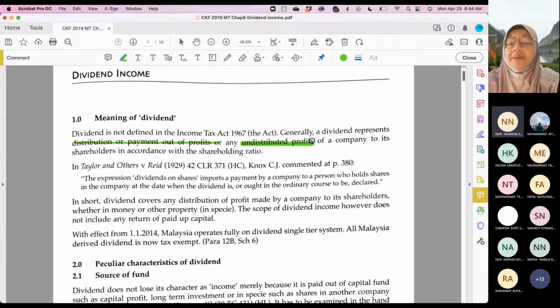Every year the company has to look into their retained earnings: the opening balance of the retained earnings account plus the profit, and they will decide whether they want to make payment of dividend to their shareholders. So payment of dividend is taken out from the retained earnings account. It's not part of your statement of comprehensive income, but part of your retained earnings, the undistributed profits.